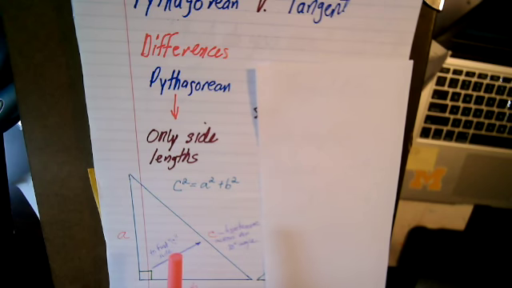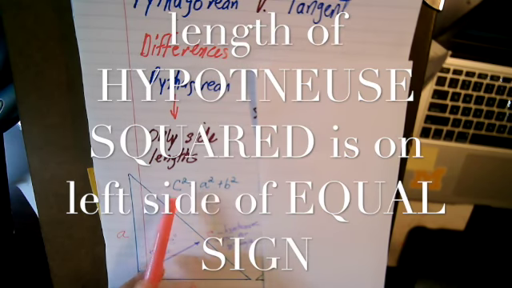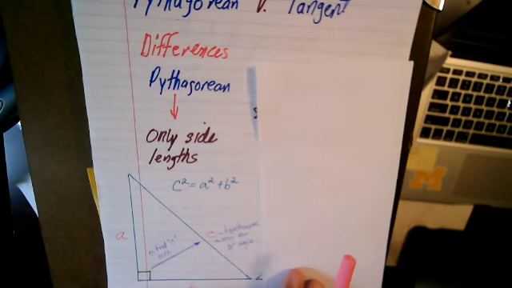The key thing I want you to get, and the main error I saw in a number of students who had it set up correctly, is that they forgot to put the C side, the side across from the right angle, by itself in the equation. And that's going to tell me whether I'm going to add or subtract. Okay? So that's the Pythagorean theorem.